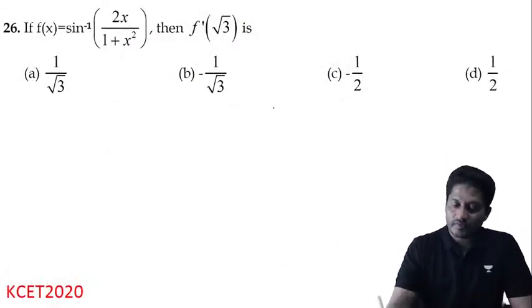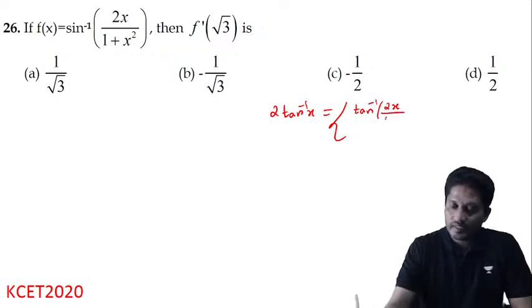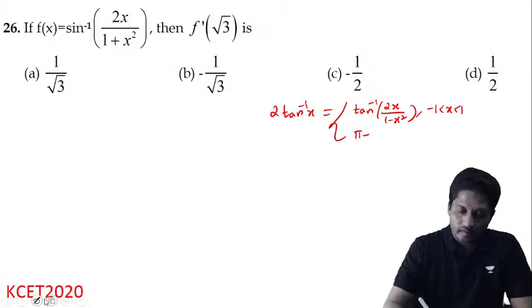See, 2 tan inverse of x is tan inverse of 2x by 1 minus x square when x lies between minus 1 and plus 1. And then, I'll write tan inverse in terms of sine. 2 tan inverse of x is sine inverse of 2x divided by 1 plus x square if x lies between minus 1 and plus 1.